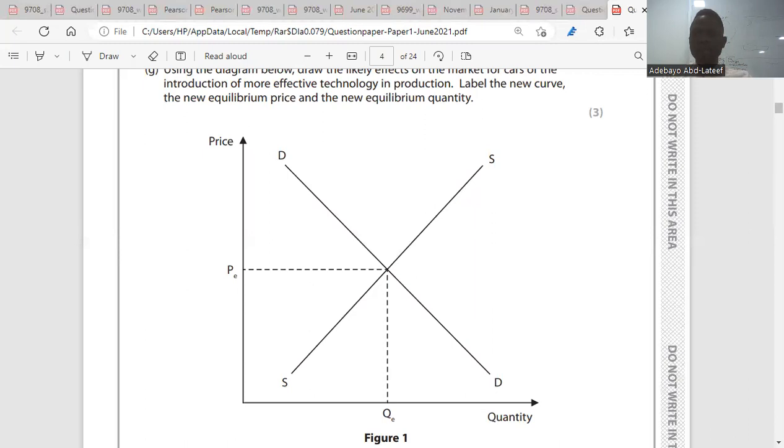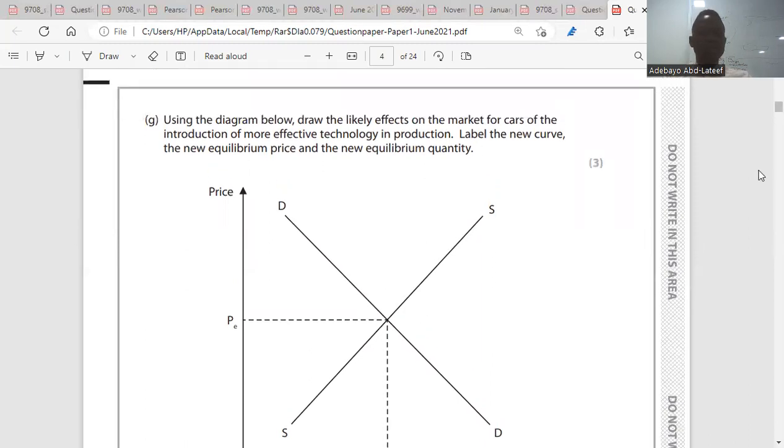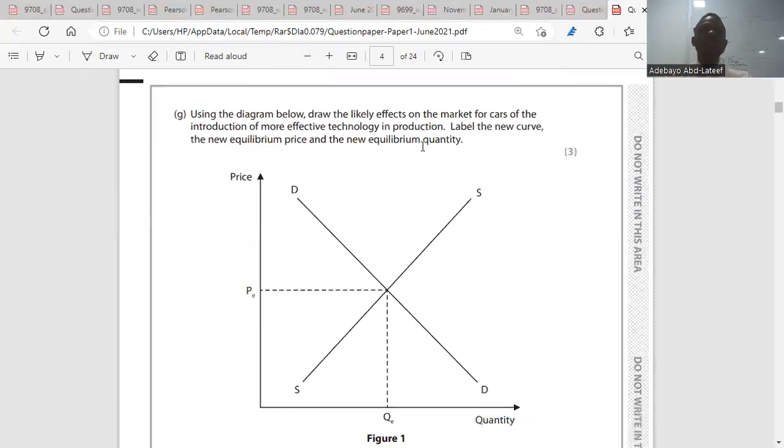They said, using the diagram below, draw the likely effect on the market for cars of the introduction of more effective technology in production. Label the new curve, the new equilibrium price, and the new equilibrium quantity. Effective technology will increase output, shifting the supply curve rightward from S to S1. So that's the first point.